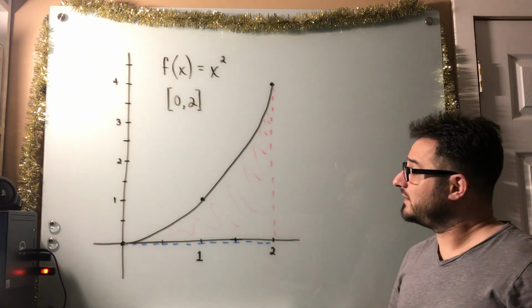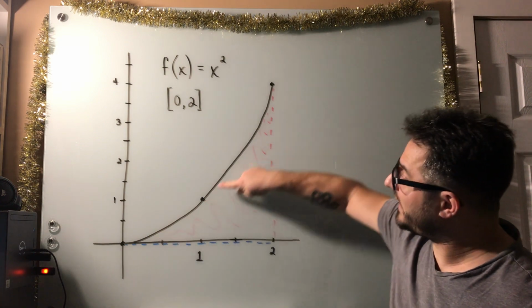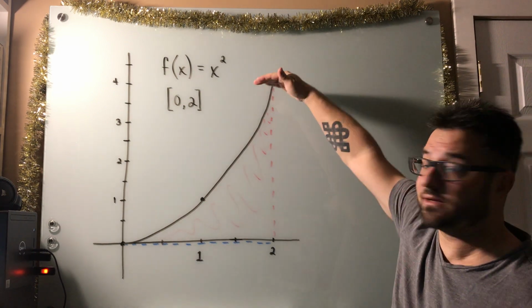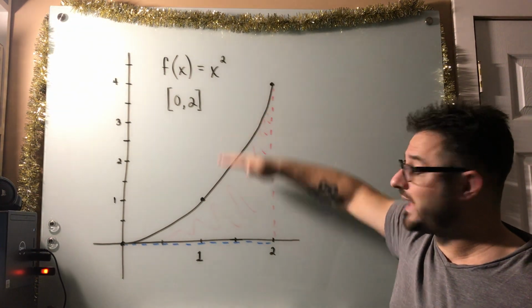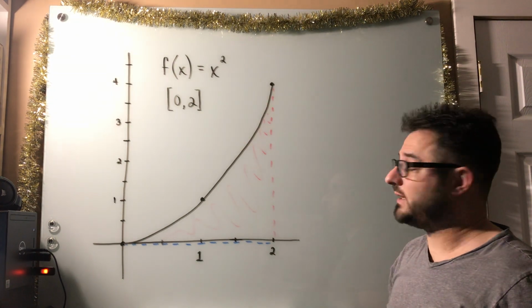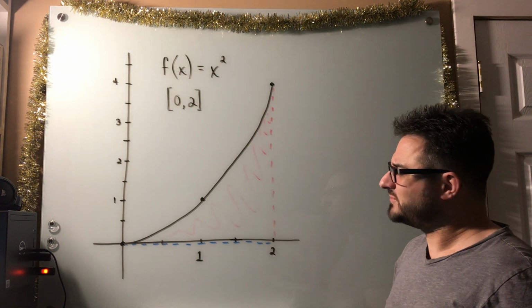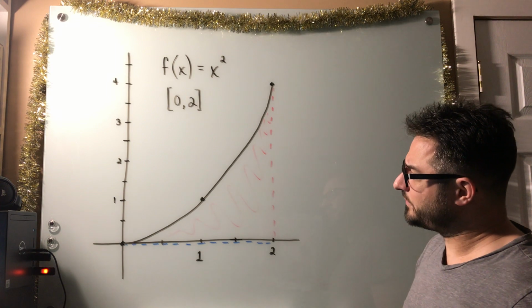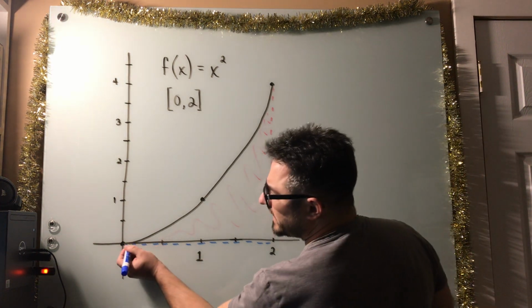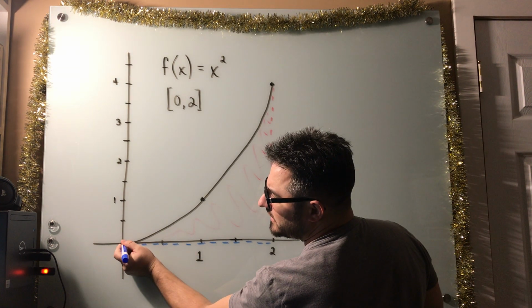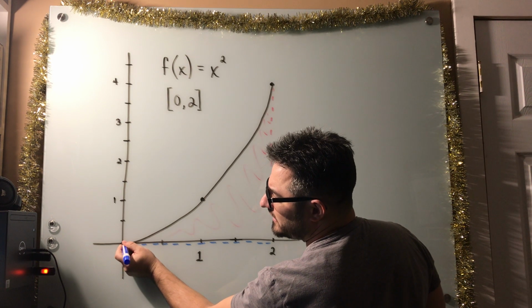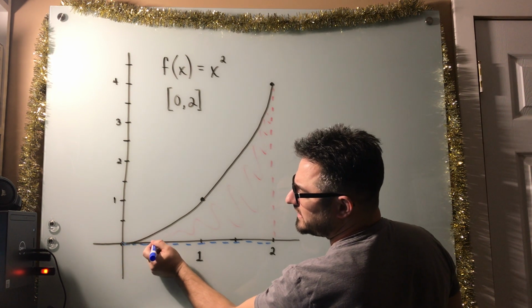We're going to let the output value of the function, the y-coordinate of the function, determine how tall the rectangle is going to be. And there's really 3 decent options here. We can base the height of the rectangle off of how high the function is on the left side, which in this case would mean 0 height.